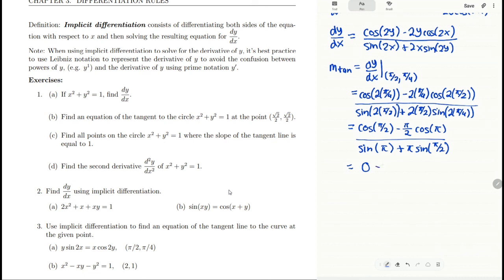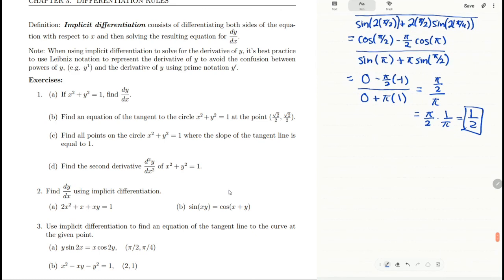Cosine of pi is negative 1. So negative pi over 2 times negative 1. The sine of pi is 0. And the sine of pi over 2 is 1. So simplifying, we have pi over 2 divided by pi. So pi over 2 times 1 over pi will simplify to 1/2. And so the slope of our tangent line is 1/2.